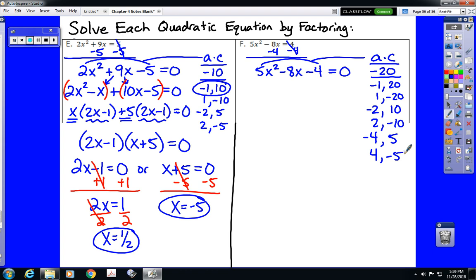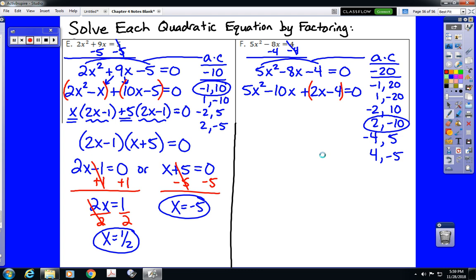There's 6 total pairs. We want the set that adds to -8. That would be 2 plus -10. So we break up that middle term into a -10x and a +2x. Again, we want to write the negative first because it reduces the chances that we're going to make a mistake.